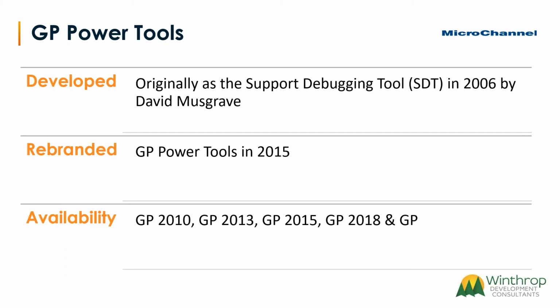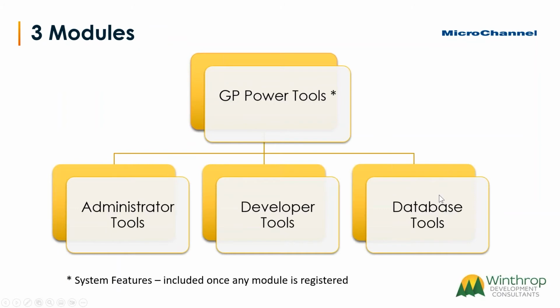It's available for all versions of GP from version 2010 on, and that includes the modern lifecycle versions that are currently out. The product itself is broken down into 3 main modules, being administrator tools, developer tools, and database tools. There's also a system features module which is required when you get the product.